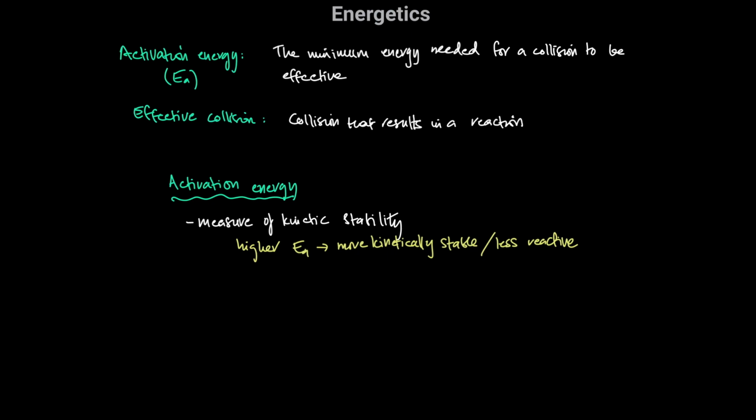kinetic stability. So for example, group 1 metals are kinetically unstable, especially when you react them with water. We know that group 1 metals are kinetically unstable. In other words, they're highly reactive, which means that the reaction between, for example, group 1 metals and water has a very low activation energy. So when we talk about reactivity, we are talking about kinetic stability.